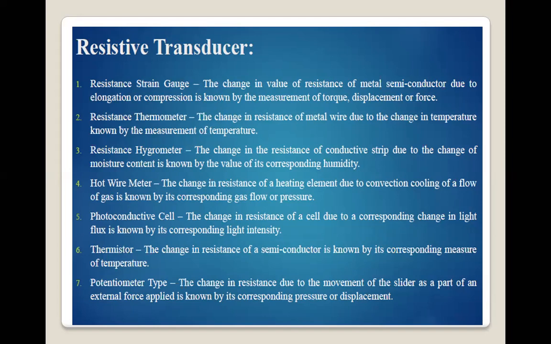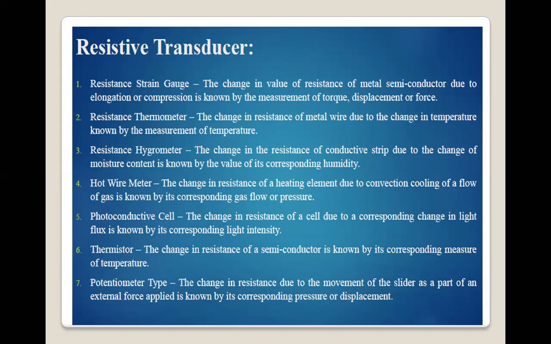If the heating element changes its temperature, there is a change in the resistance, and the output changes. Okay. Next is the photoconductive type of cell. In the photoconductive cell, the change in resistance of the cell corresponds to the change in light flux, that is, the light intensity. Okay, so the next one is the thermistor.